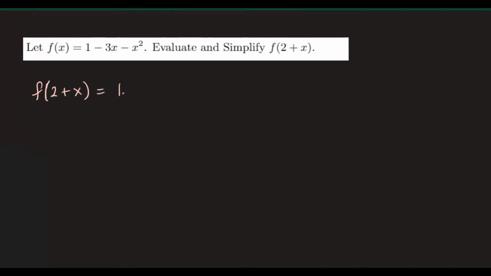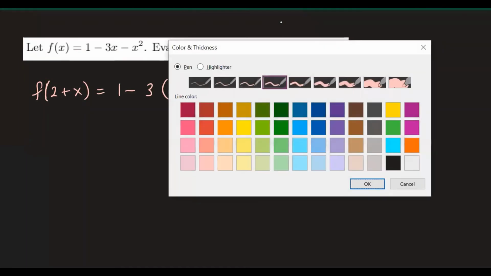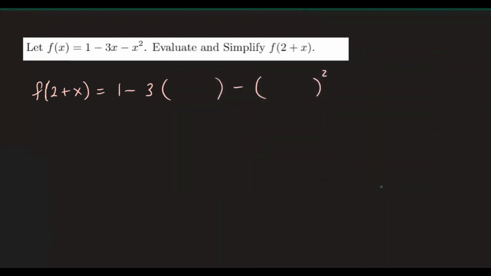So we want 1 minus 3 times (x), putting parentheses, minus (x) squared. And I'm going to replace x now with this new input, which is 2 plus x. So we have 2 plus x for the first x, and then for the second x that appears in the function, we again replace it with 2 plus x.